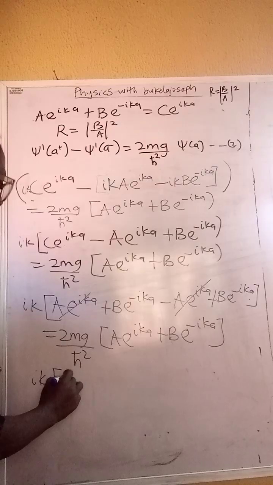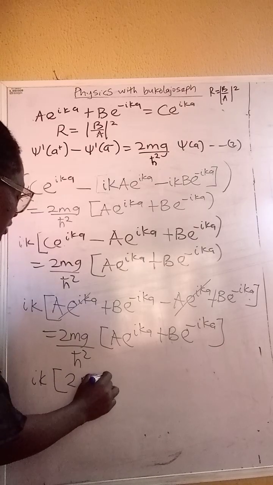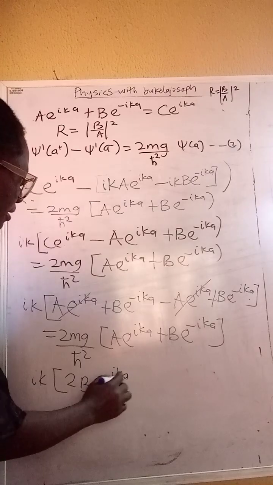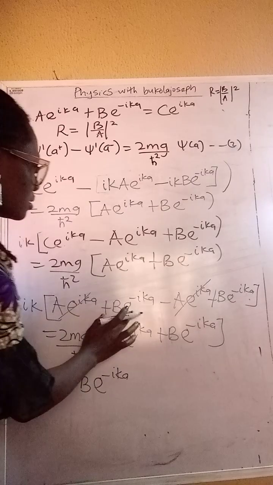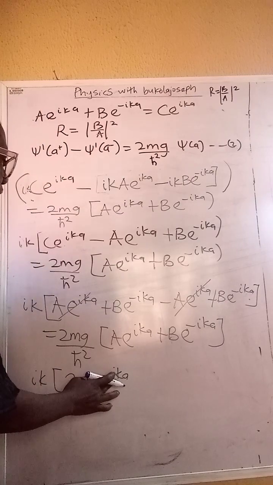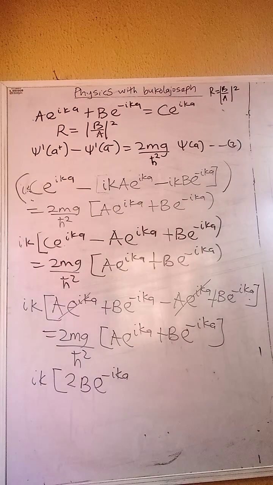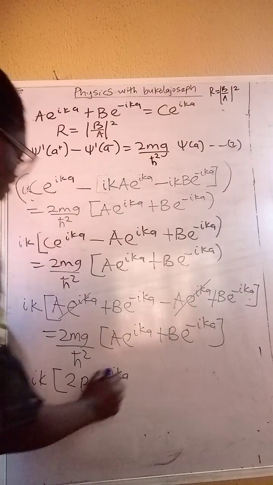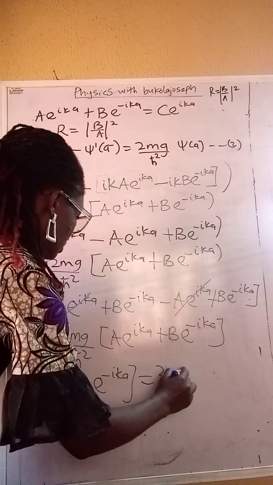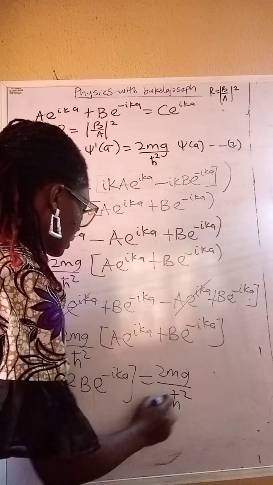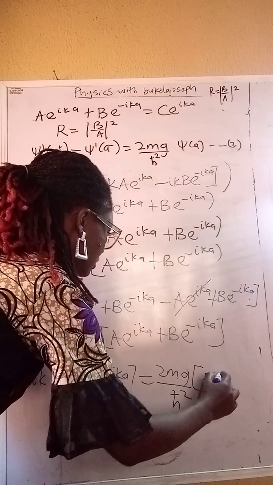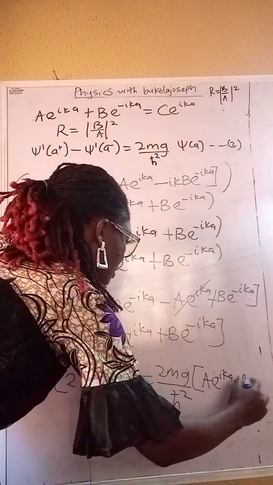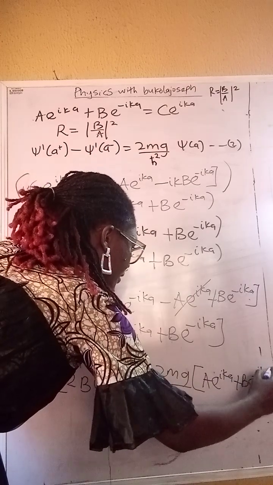We have 2B exponential minus ika, right? ik 2B exponential minus ika is equal to 2mg all over h cross squared into A exponential ika plus B exponential minus ika.